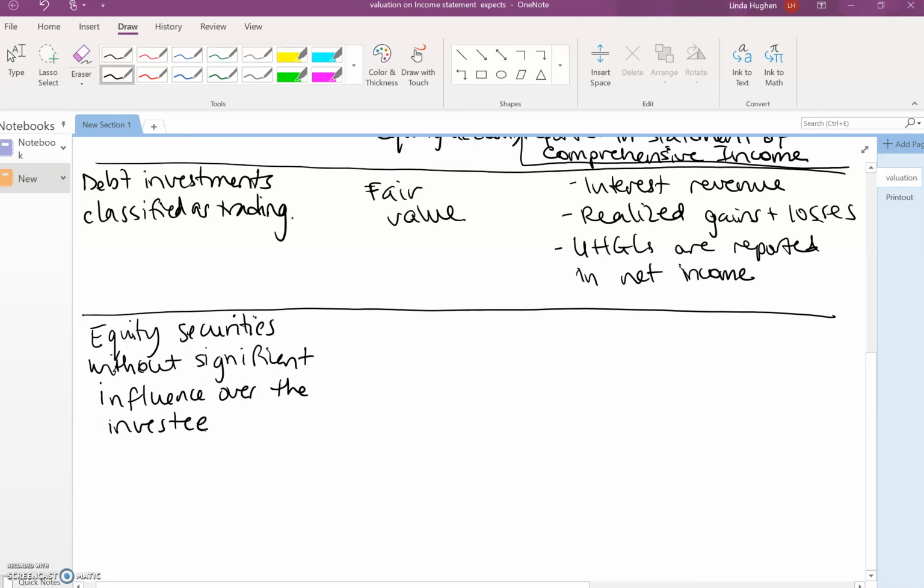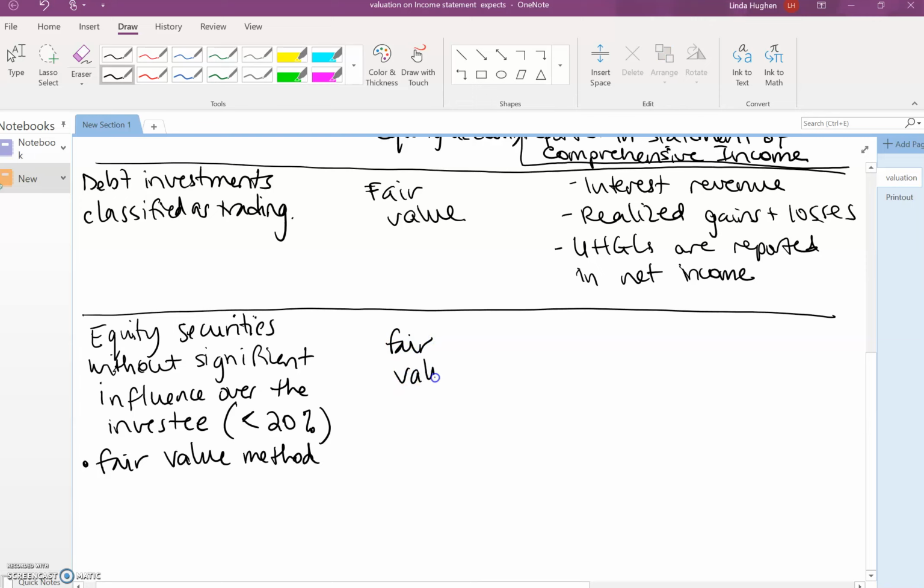As a general rule of thumb, it's not a hard and fast line, the investor has less than 20% of the common stock in the investee. And we call this accounting treatment the fair value method because we value those shares equal to what they're trading at in the market.